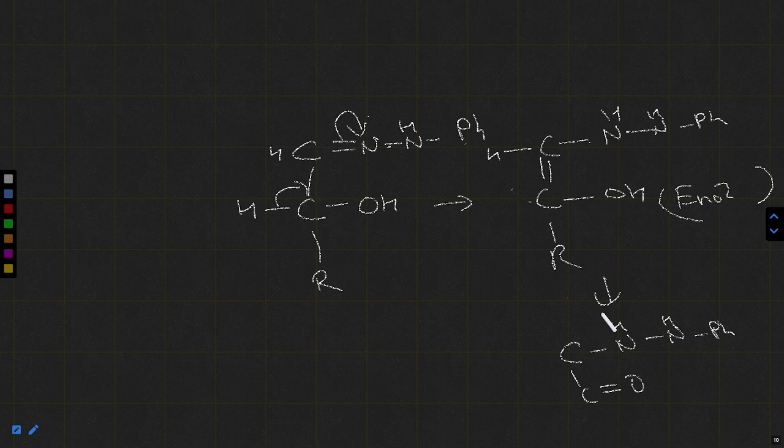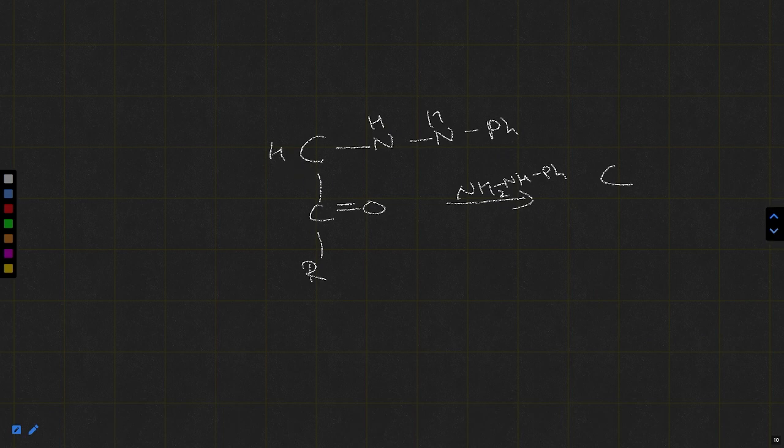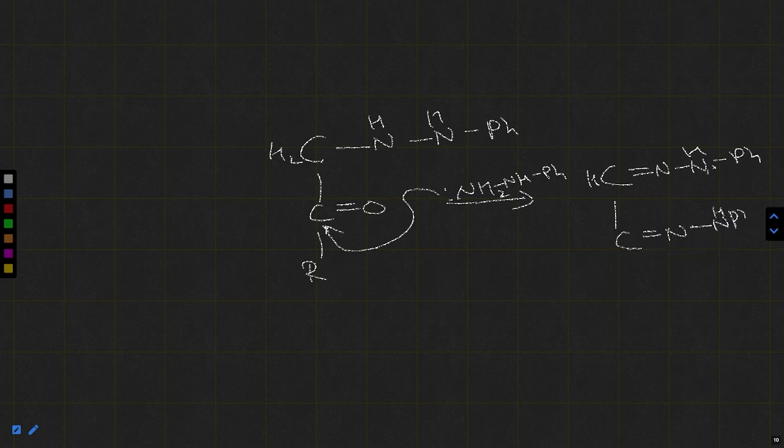Yeah, we have an H here. And as it will form, this will result in CH2. So we have CH2, CO. Now this thing will be converted back to CHNH. And upon attack of this here, this will again give N, NH, Ph. So in this way, the osazone formation takes place.